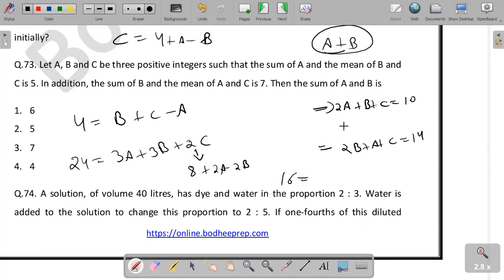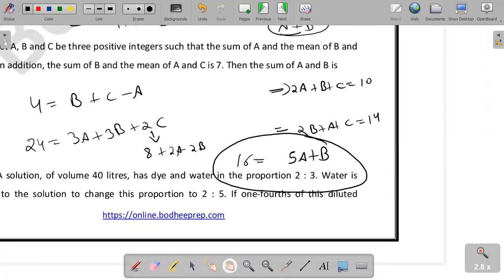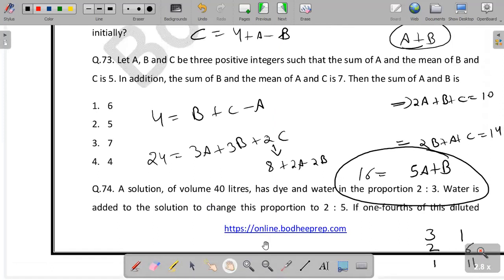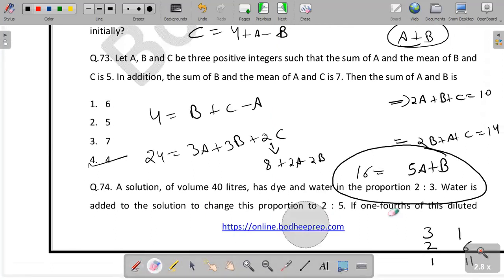That is 16 is equal to 5A plus B. Okay, now what I will do, I will try some values. If I took A as 3, B as 1, and 1, fine. So either the sum is 4, 8 or 12. Let's see the choices, 4, 8 or 12. 4 is the only choice, so 4 should be the answer.